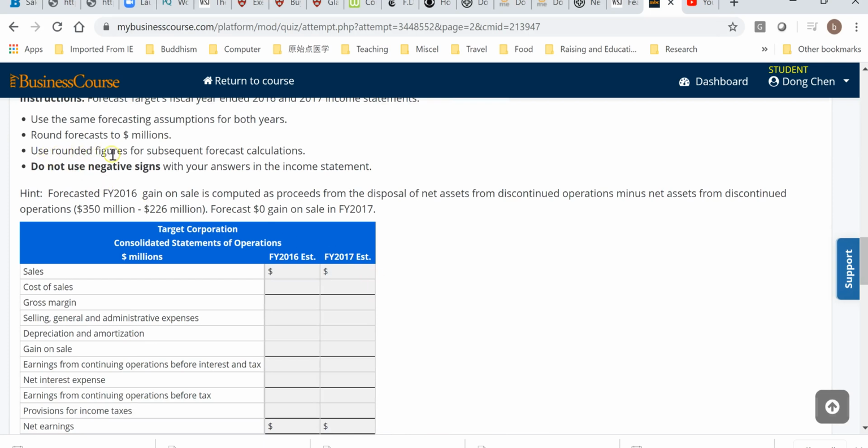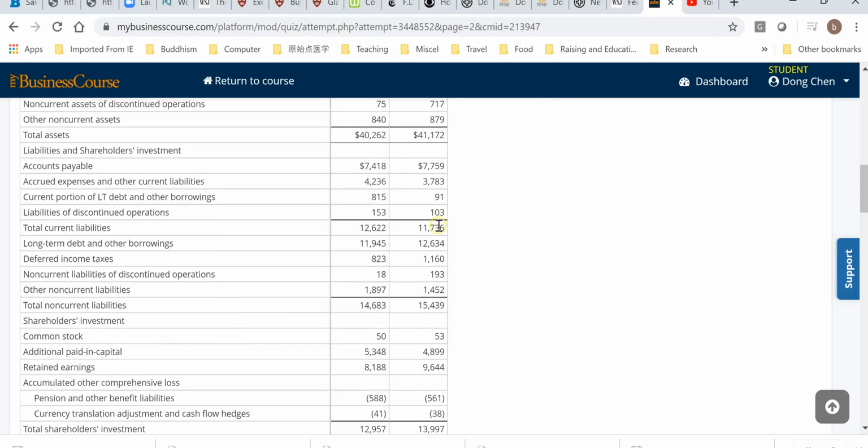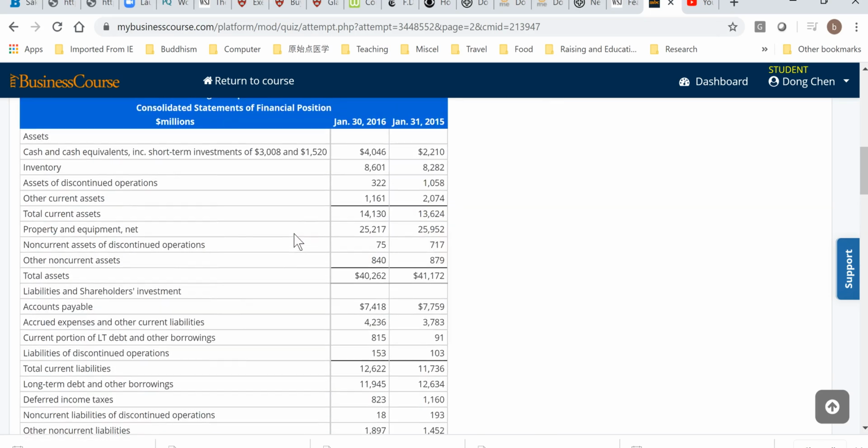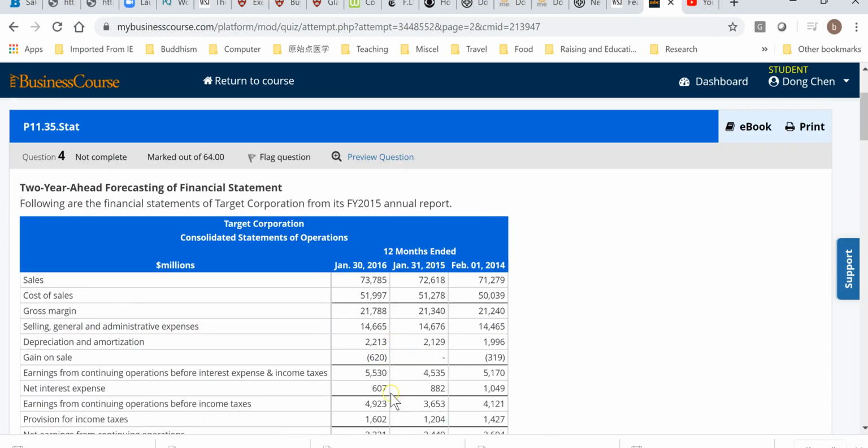And use rounded figures for subsequent forecast calculations, and do not use negative signs with your answers in the income statement. So that means that even for the expense items, we need to use positive numbers.